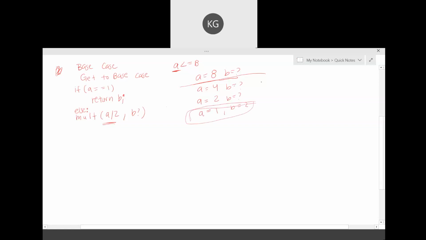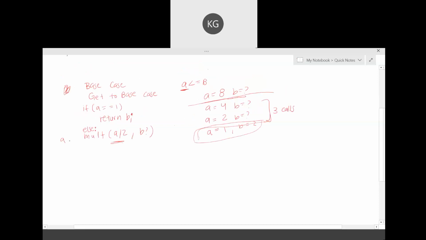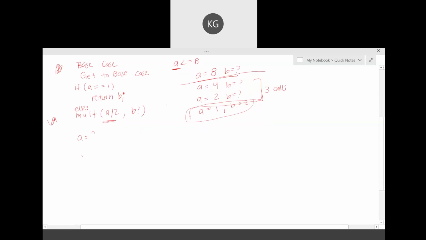So we had 3 calls. When A was equal to 8, the number of recursive calls was equal to 3. So let's just do one more.